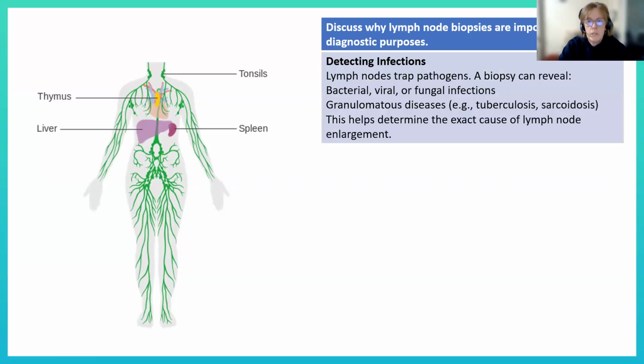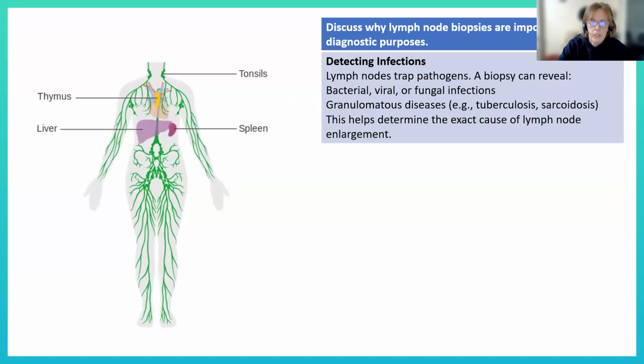So why are lymph node biopsies important for diagnosis? Well, obviously, as we've said, they trap pathogens. So biopsies can reveal bacterial, viral, or fungal infections. I mean, that is a little bit extreme, to be honest.